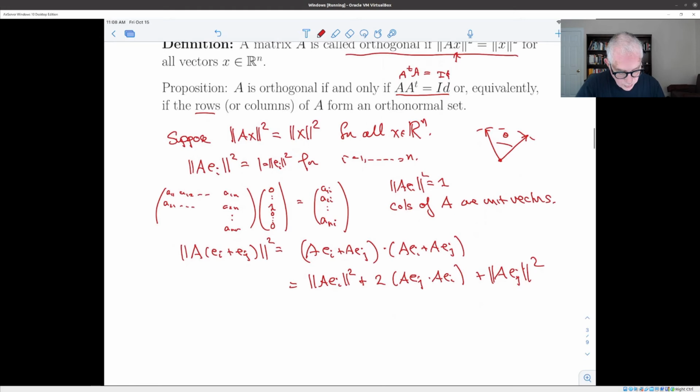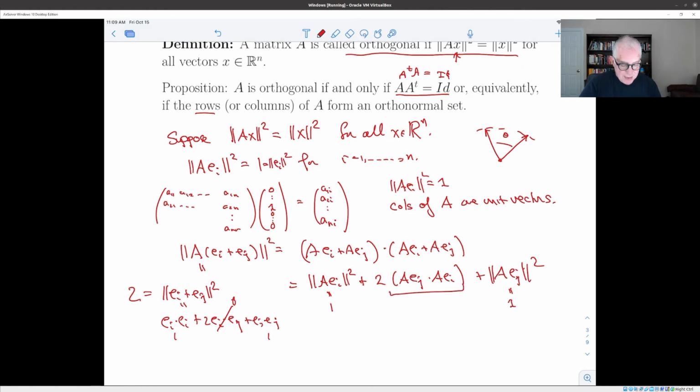And what do we know here? Well, we know that this is equal to 1, and we know that this is equal to 1. But we also know that this is equal to, if A is orthogonal, the norm of ei plus ej squared. And that's equal to 2, because it's equal to ei dot ei plus 2 ei dot ej plus ej dot ej. This is 0. These are both 1. So we have 2 equals 1 plus this middle term.